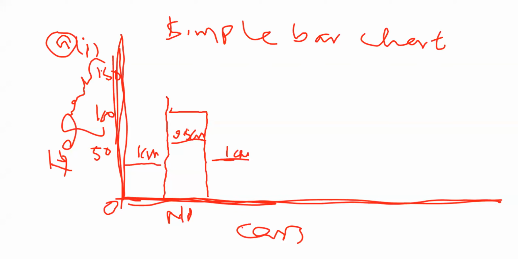The space in between each bar must also be the same. That is the condition for drawing a bar chart, whether simple bar chart, compound bar chart or component bar chart. So I draw another one.